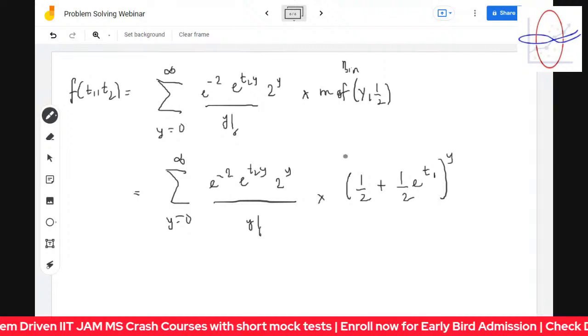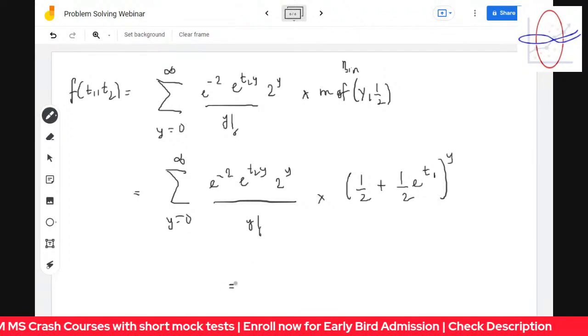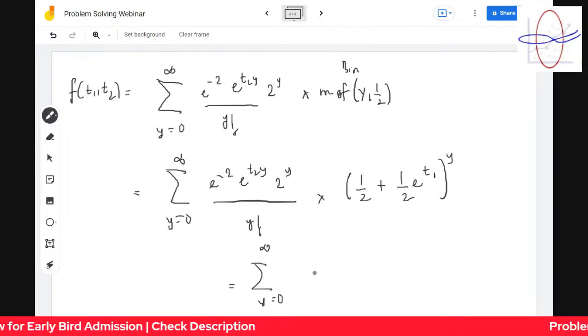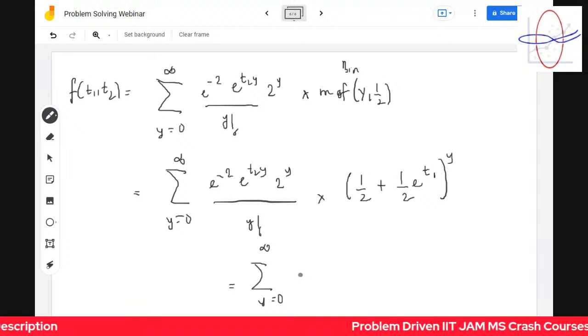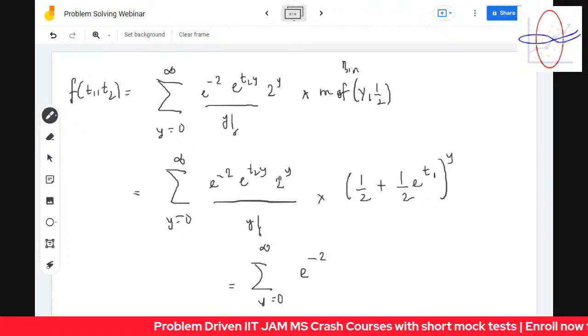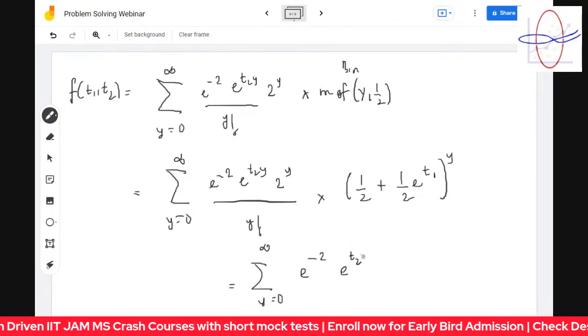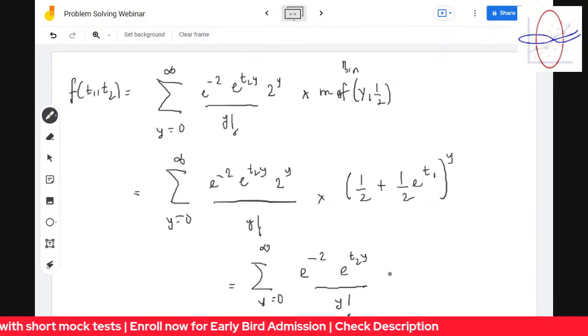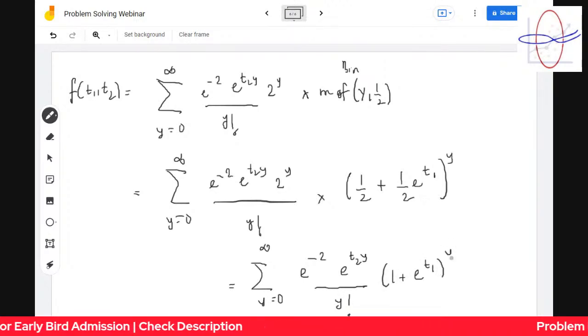Good. So now, summation over y from 0 to infinity, let's write it down together. Now it's in terms of y, so you have to fit it to another distribution. e to the power minus 2, and this half to the power y will get cancelled. e to the power t2y by y factorial into (1 plus e to the power t1) whole to the power y.